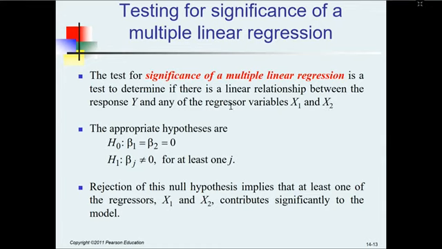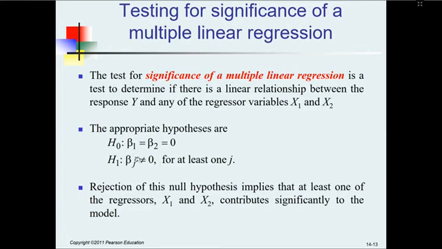So we have the regressor variables, x1 and x2 in the above example, and y is the response variable, or we also call it the dependent variable. So the hypothesis to be tested is that H0 says beta 1 is equal to beta 2 is equal to 0. And H1 says that at least one of the betas is not equal to 0.